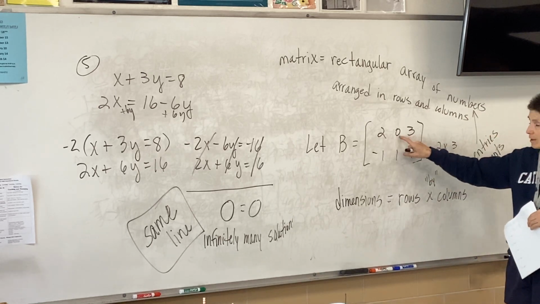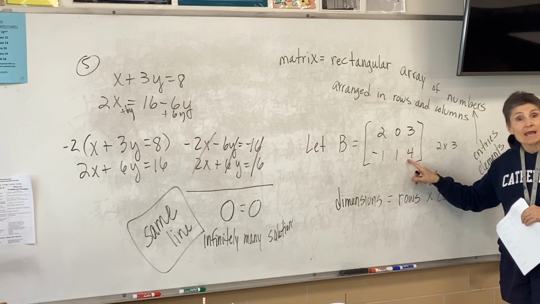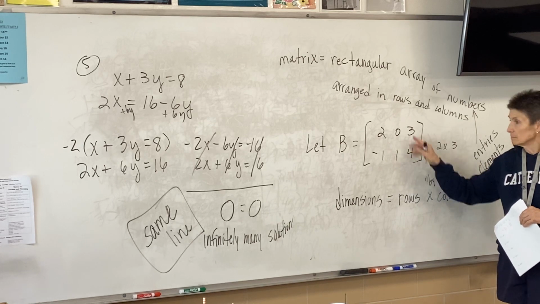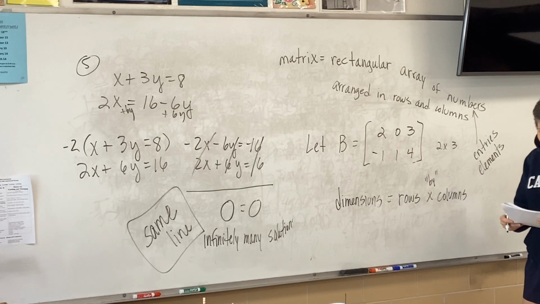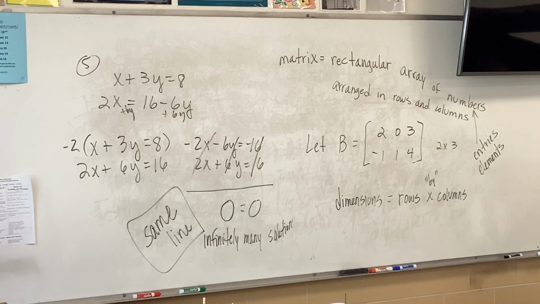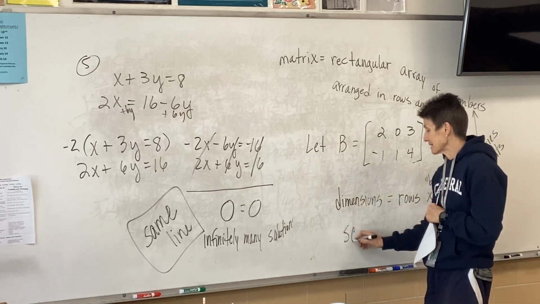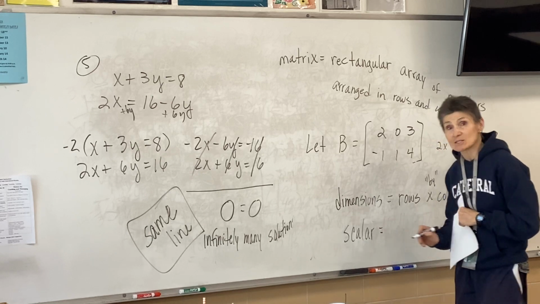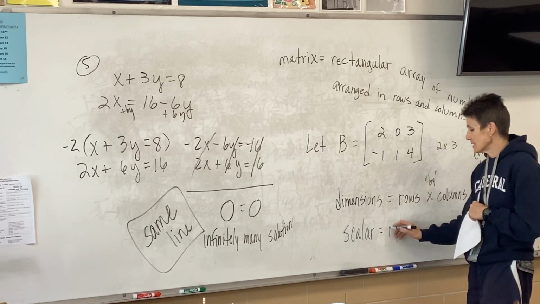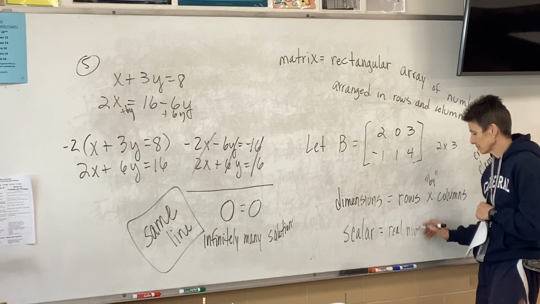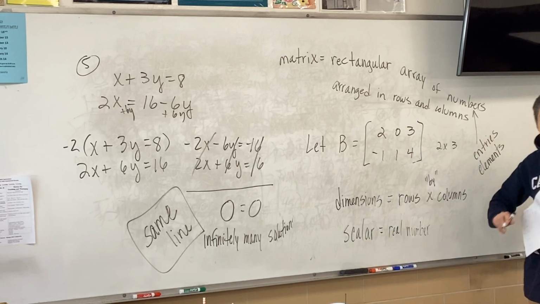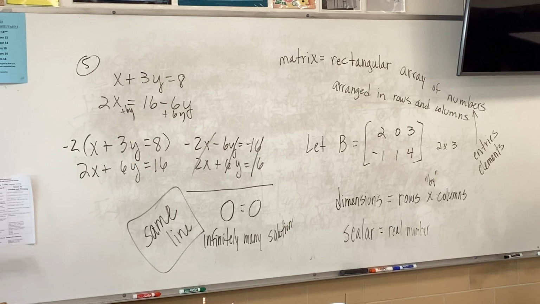So these are the entries of matrix B. A scalar is simply any real number. So you need to know the word scalar. Those of you in physics certainly know the word scalar. A scalar is just a real number. In matrix land, we're going to think of scalars as kind of like coefficients.